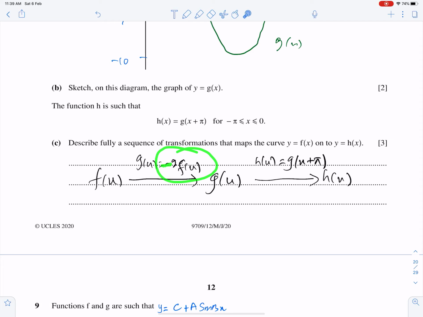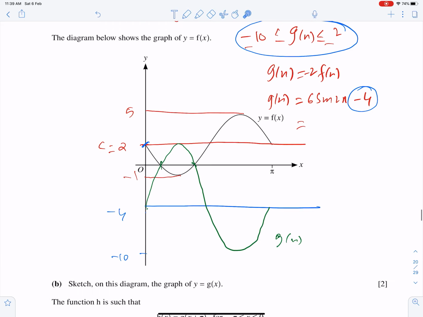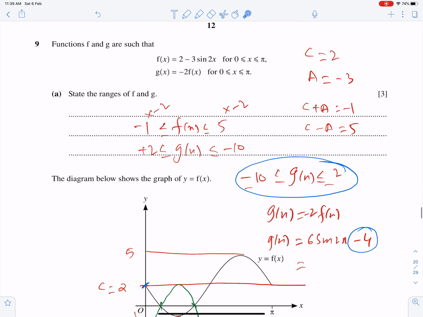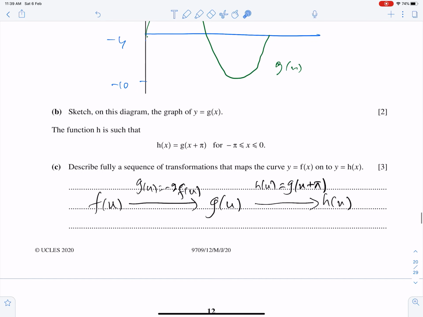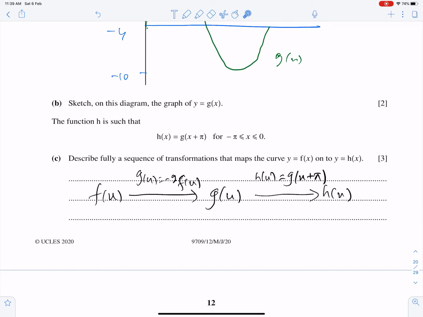This negative means reflection in the x-axis, and this 2 means vertical stretch, factor 2. And this plus pi means translation vector minus pi 0. In this way you can do this question. You just need to write reflection in the x-axis, then vertically stretch factor 2, and then translation vector minus pi 0.